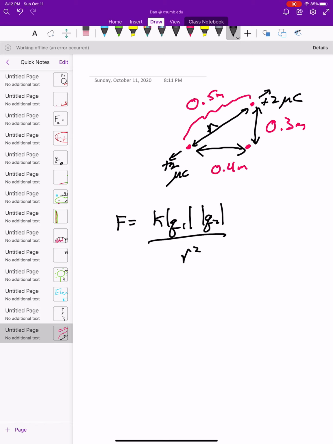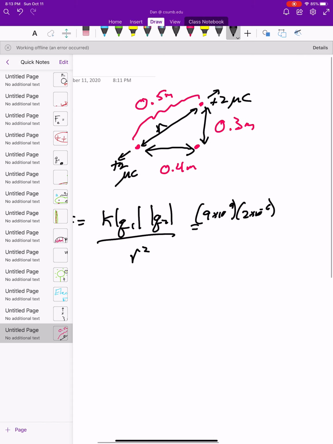Okay? Now the question that is coming up, let's say we find this force, and we have 9 times 10 to the 9th, 2 times 10 to the minus 6th, 2 times 10 to the minus 6th, divided by 0.5 squared.